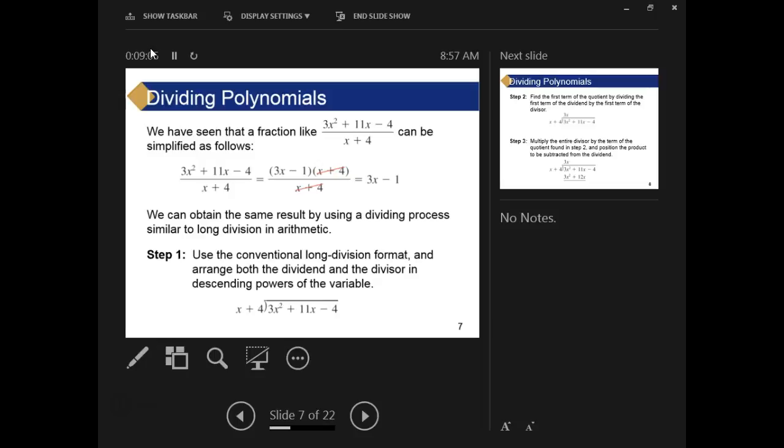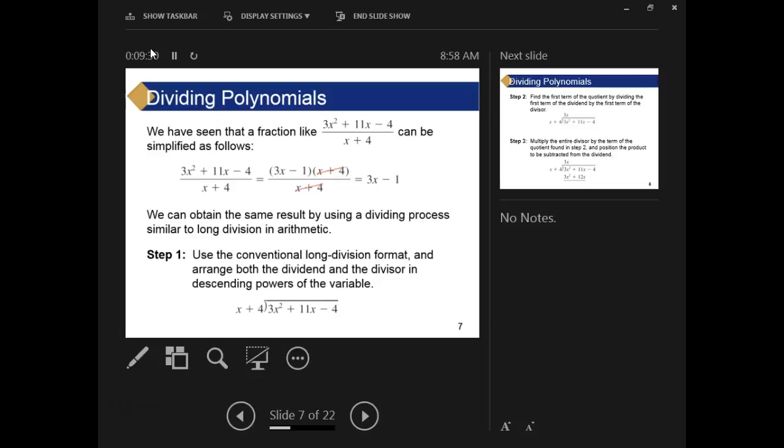Now, if you have a form like this, 3x squared plus 11x minus 4 over x plus 4, what would be your first inclination? If you can, what's the F word?